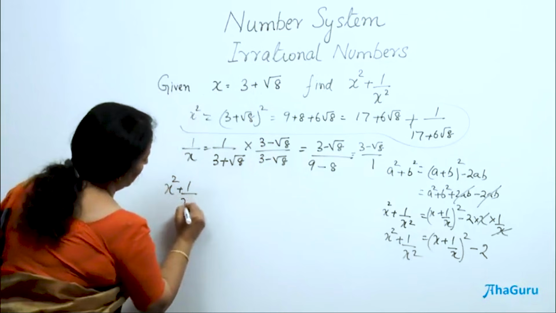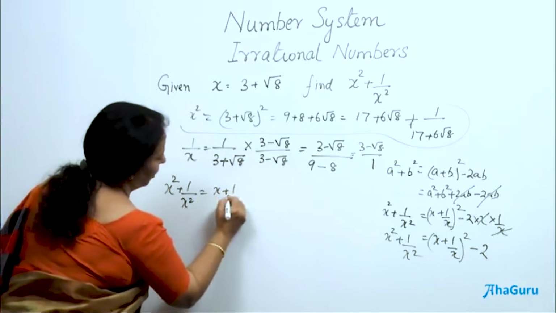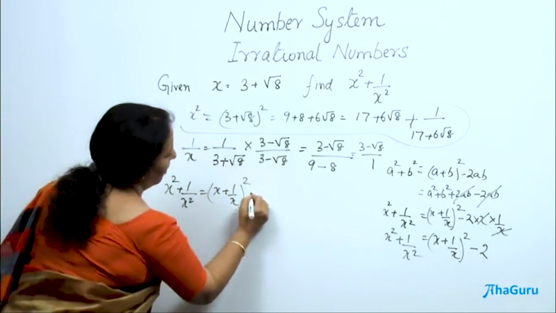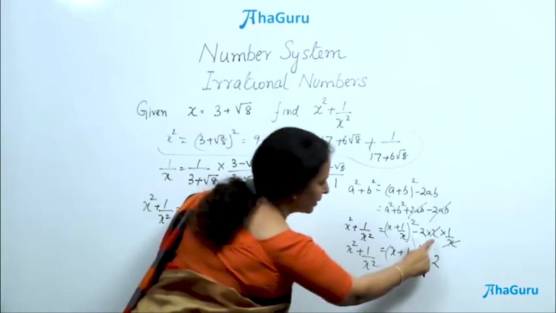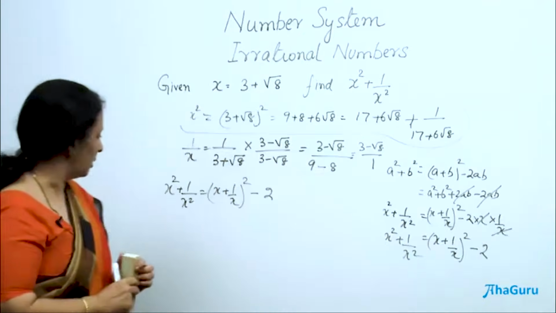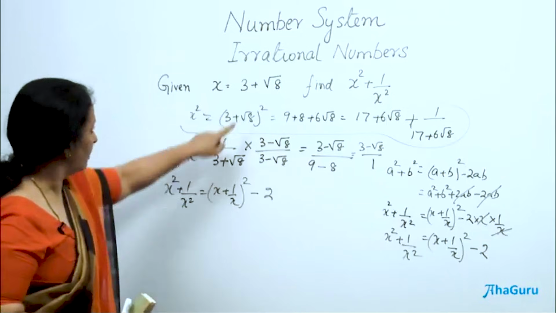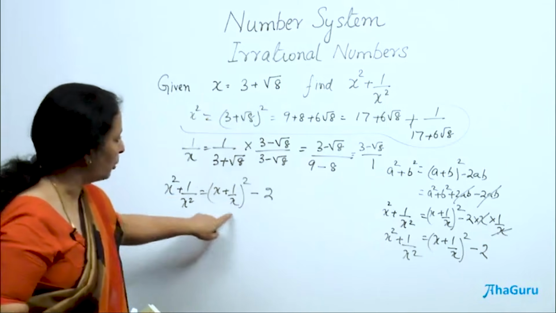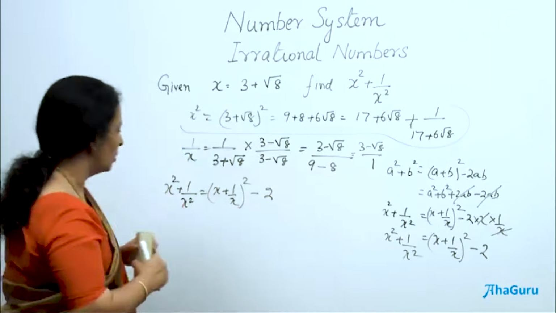x square plus 1 by x square is nothing but x plus 1 by x whole square minus 2. Please see that this is x and 1 by x. So, I am just left with a number without any variable. Now, I know the value of x here. I know the value of 1 by x, which is here. I just put them.